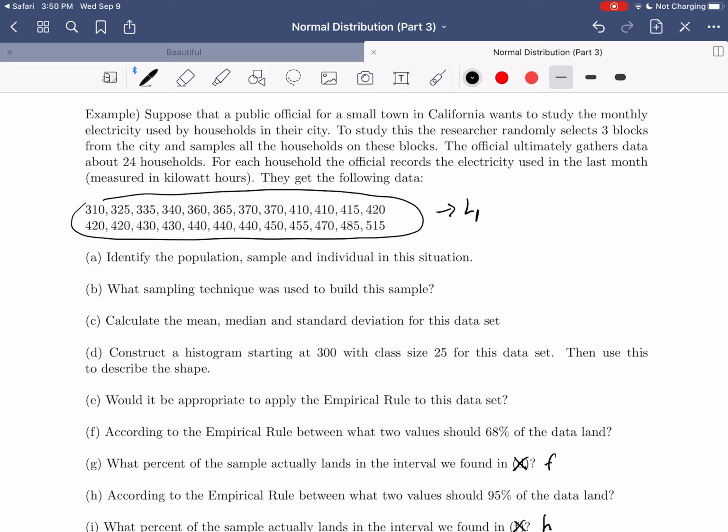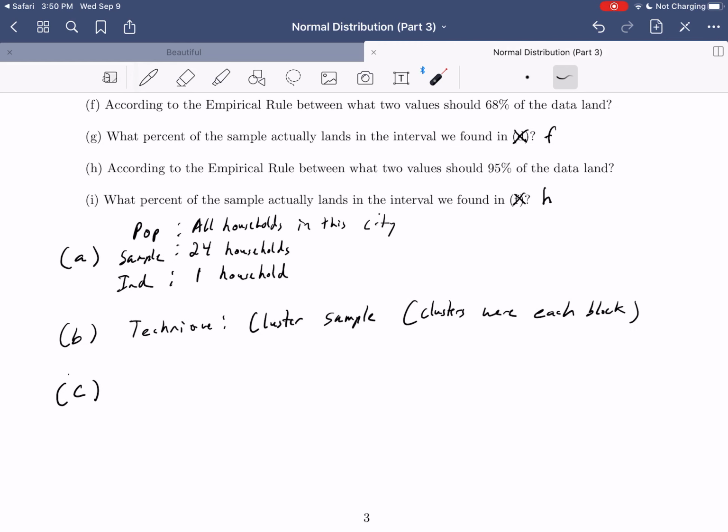When we're on that 515, since we did type in a lot of data points, it is good to check. It does say L1 of 24 because we had 24 households. Then we can hit stat, calc, and 1-Var Stats.